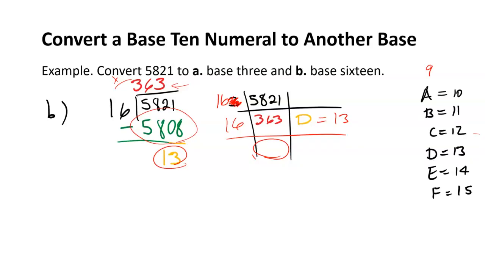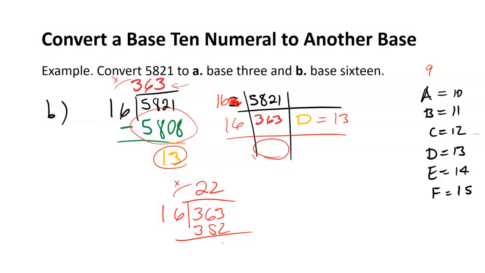Let me do it just one more time. So 363, and I'll do it by hand, like doing the house symbol of the division. 363, you put the 16 outside. So 363 divided by 16, it gives me 22. And then to find the remainder, multiply these two, 16 times 22, which is 352.